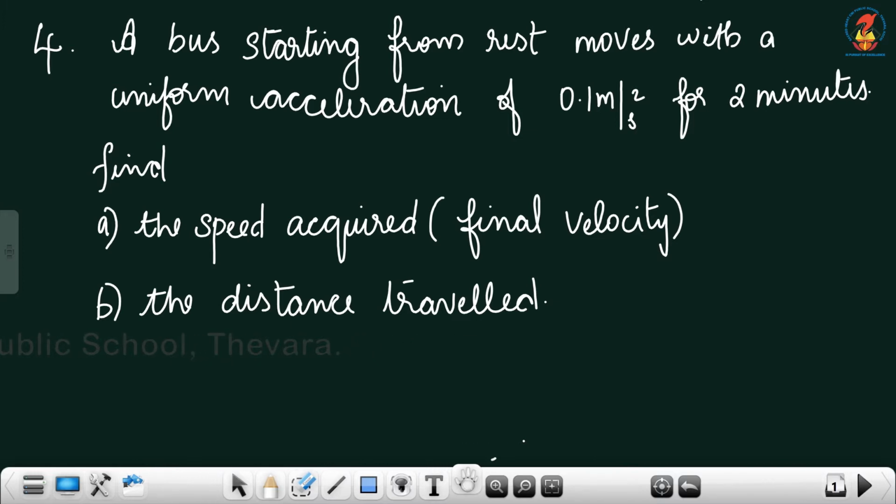So read the question. A bus starting from rest moves with an acceleration of 0.1 meter per second square for 2 minutes. Find the speed acquired, that means the final velocity, and the distance travelled, that is S, magnitude of displacement.